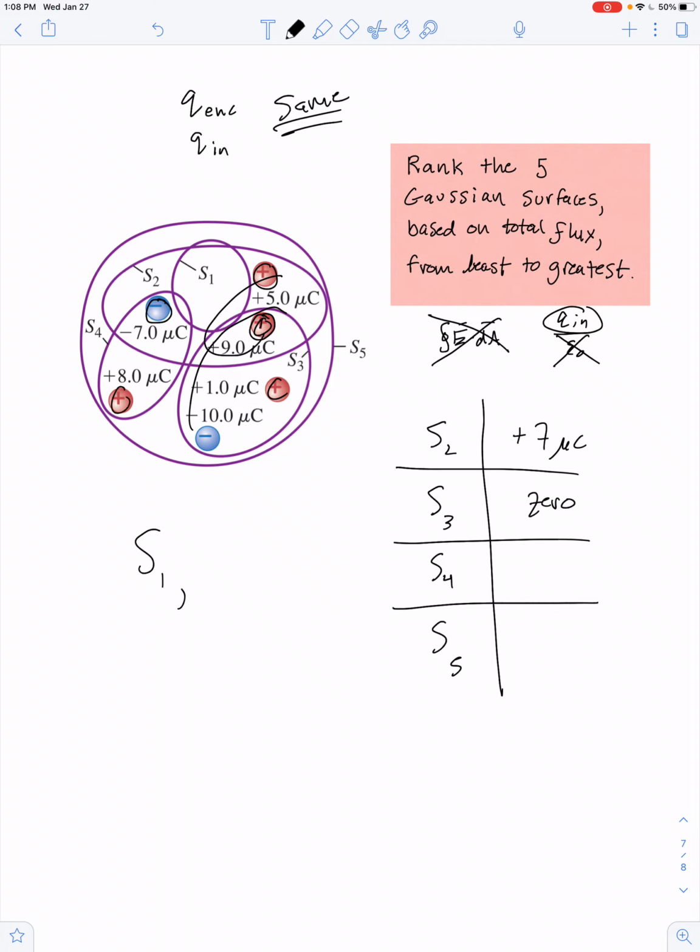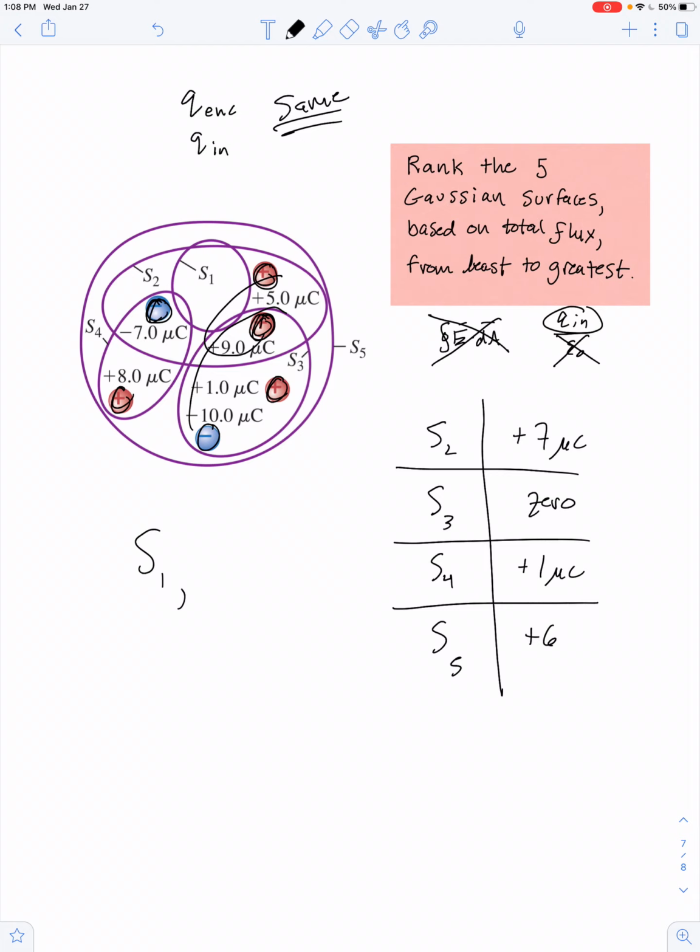Surface number 4, +8, -7, so positive 1 microcoulomb, and then surface number 5. 5 plus 9 gives me 14, plus 1 gives me 15, plus 8 gives me 23, minus 10 gives me 13, minus 7 gives me positive 6.